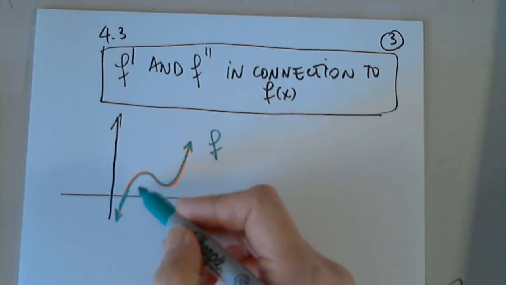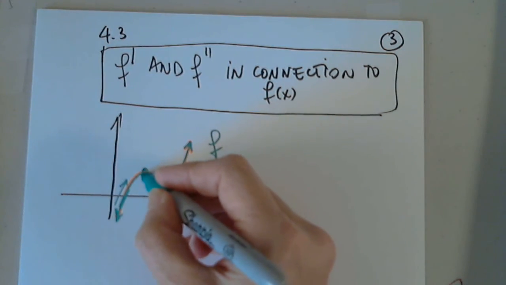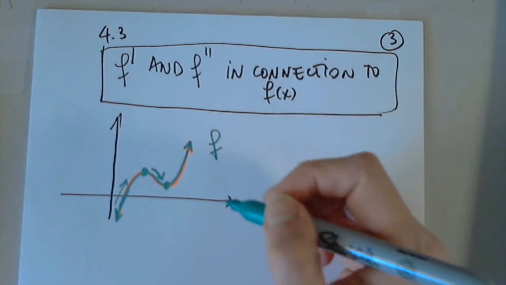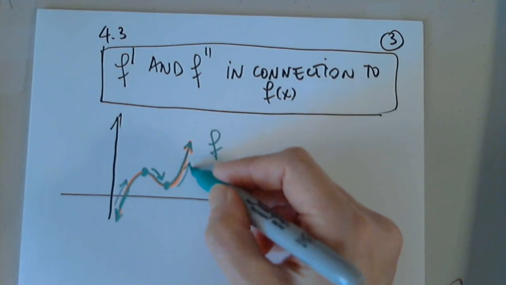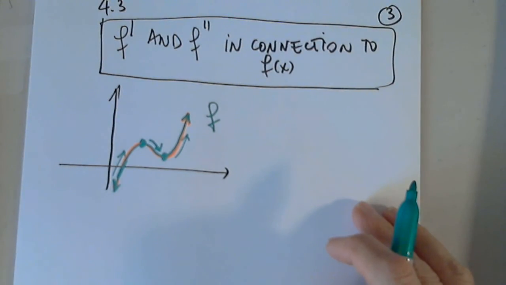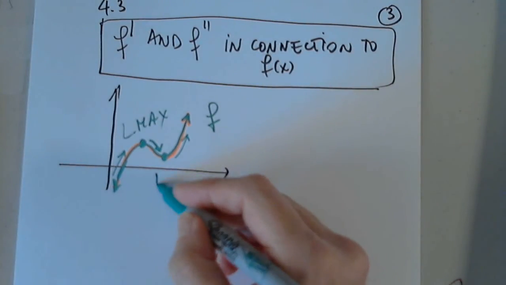I see that it definitely is increasing to a particular point. Then it's decreasing to another point. And then it's increasing. This is a quick review from section 4.1. We call this a local max. We call this a local min.